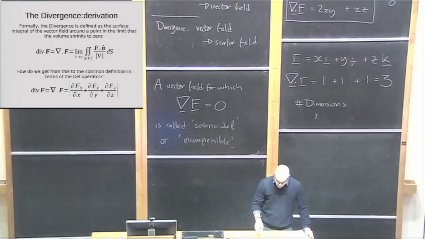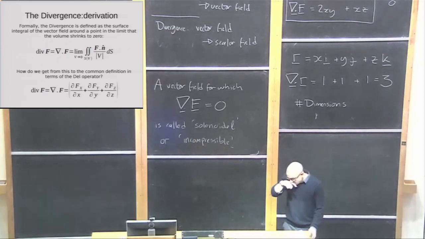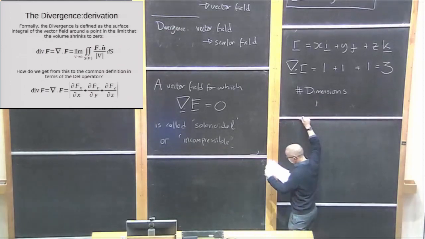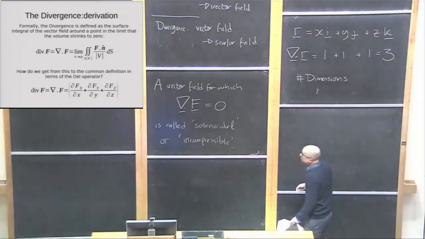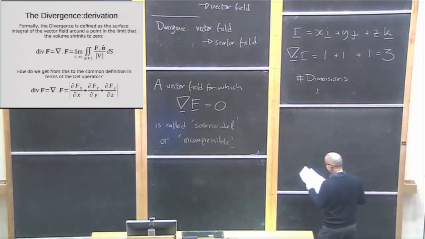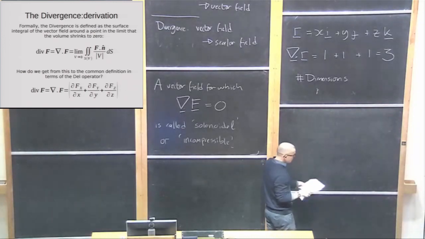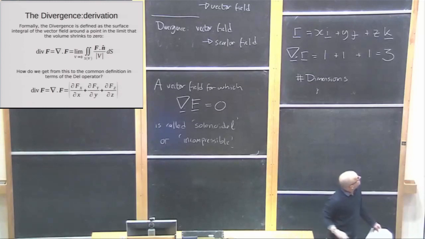Okay, so let's derive the expression for the divergence. The divergence is the surface integral of the vector field around a point in the limit that the volume shrinks to 0.